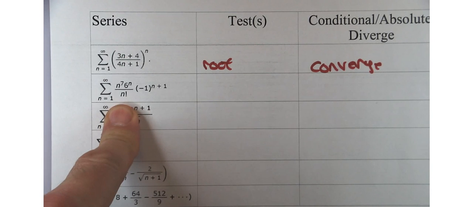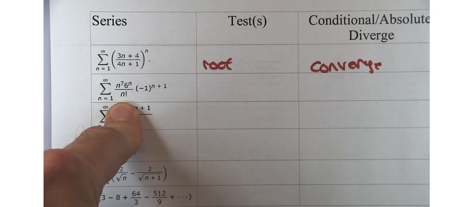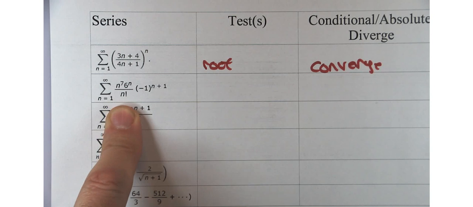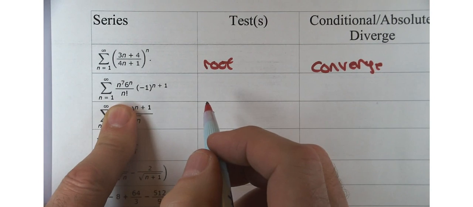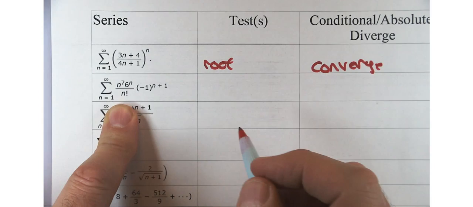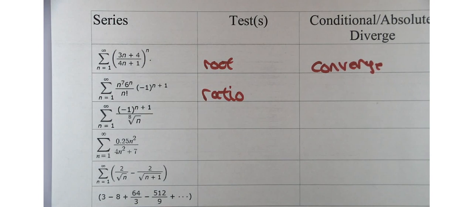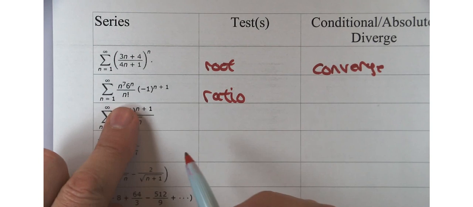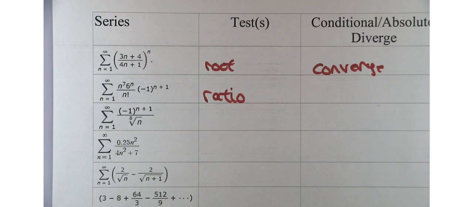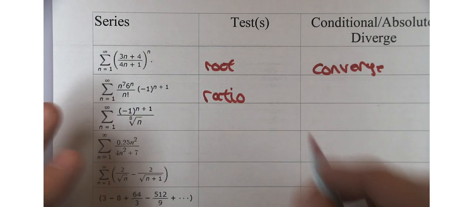Brandon, I think I saw you spot on with this one earlier. What were we going to use on this one? Yeah. Ratio. Yeah, the ratio test. What's your big tip off on that one? Factorial. Yeah, you got a factorial. So ratio test is really well suited to the factorial test.